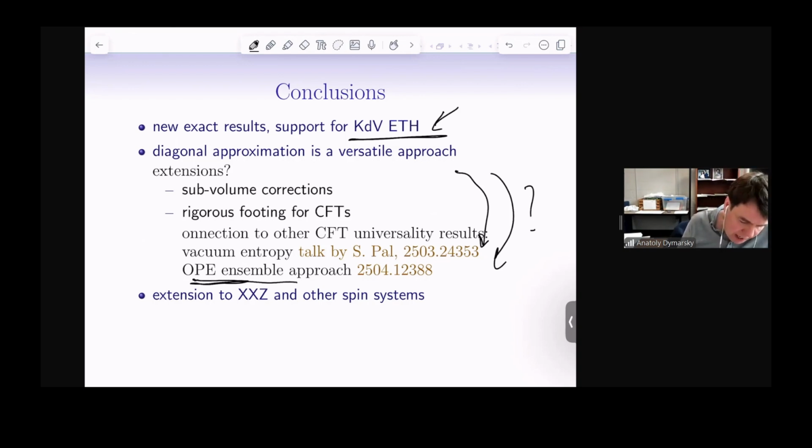And finally, it would be nice now to return back to the spin chains and maybe try to calculate some explicit results for systems like XXZ, which are very similar to two-dimensional CFTs, but a bit more complicated analytically. So that would be all I wanted to say today.